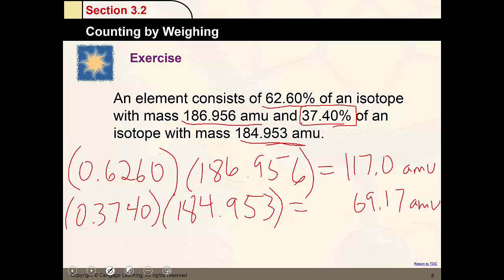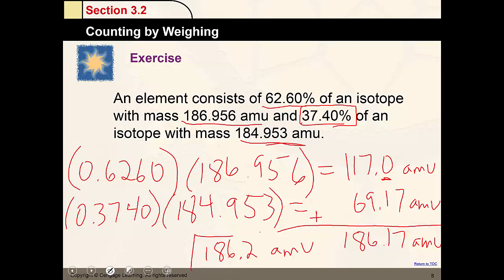Now that we have each mass contribution, we can add them together, and we get 186.17 AMU. However, we can only have one digit to the right of the decimal point. So our final answer here is 186.2 AMU. That's the answer for our atomic mass.